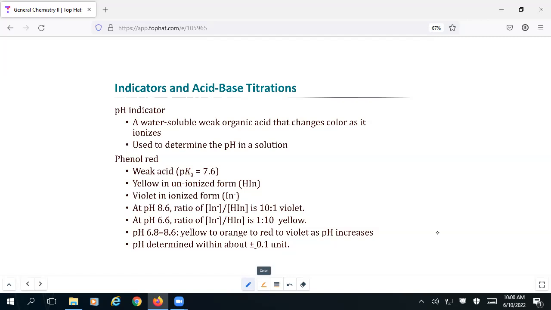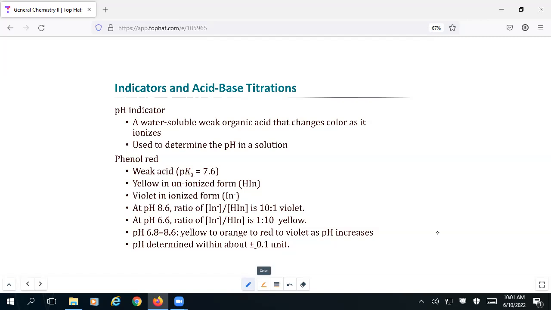And so with this color change, we can get a generally good idea of the pH to right around 0.1 units just by monitoring the color change as we transition. But it's a relatively limited window, 6.8 to 8.6.